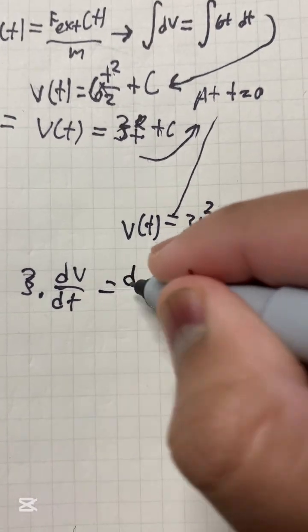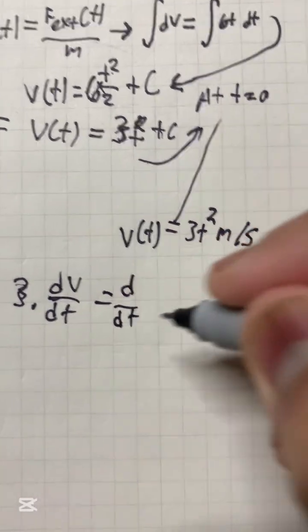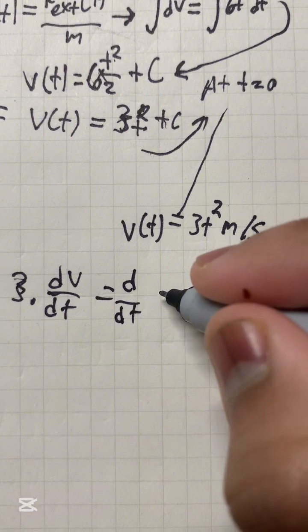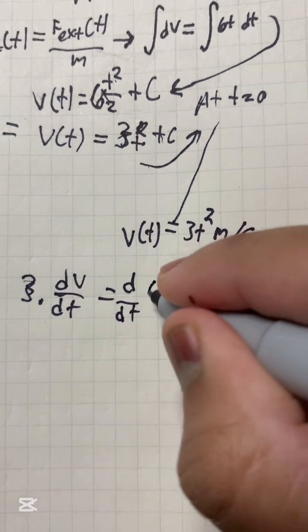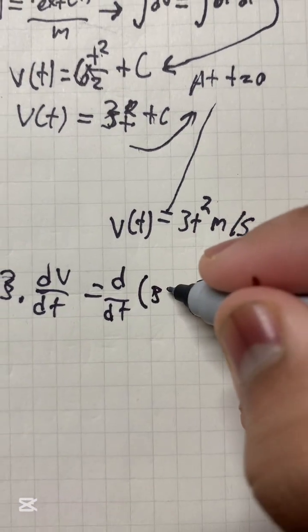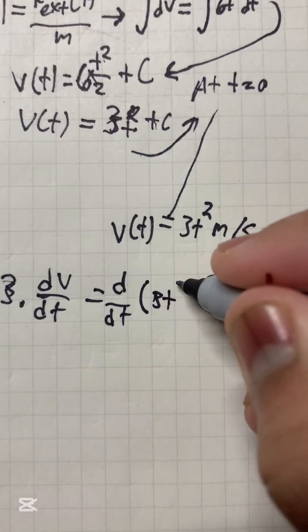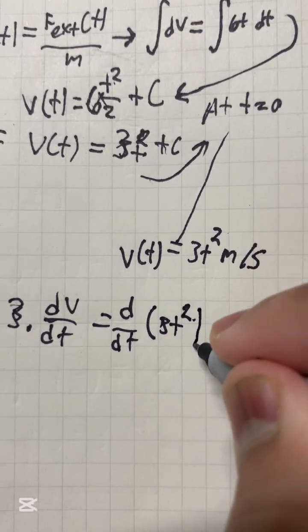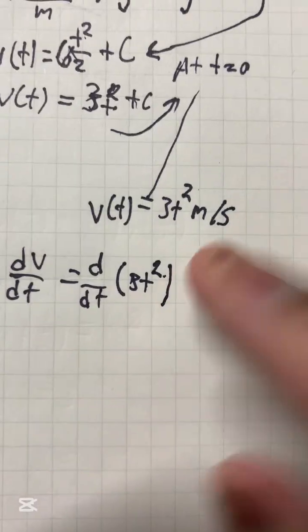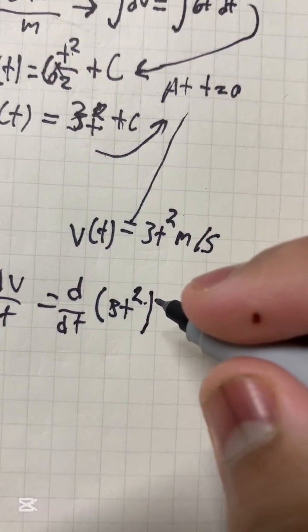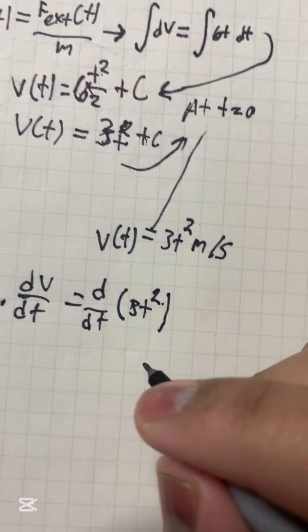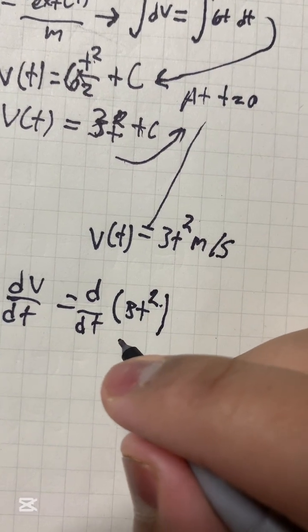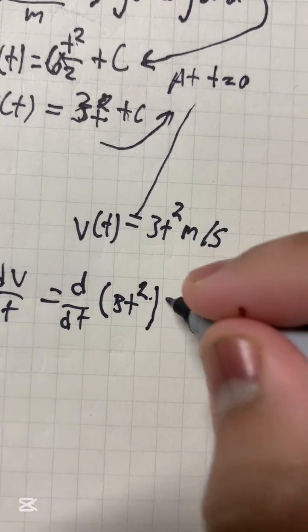dv over dt equals d over dt of 3t squared. That's going to equal 6t. 6t equals 6t.